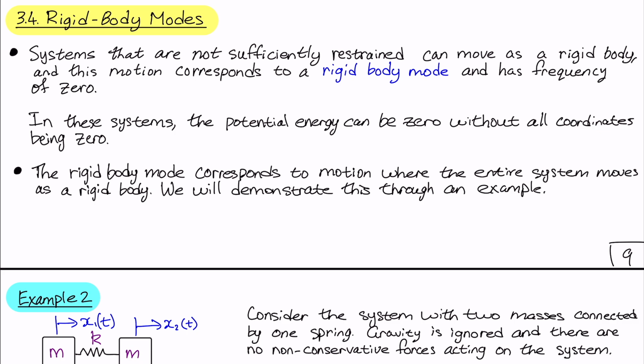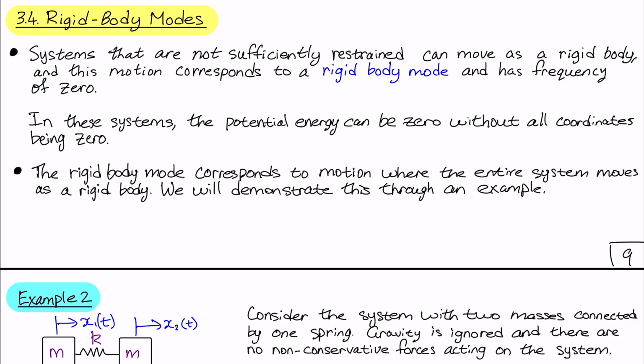And in these systems, the potential energy can be 0 even if all of the coordinates are not 0, meaning that you can have a non-zero displacement but still have a 0 potential energy in the system. And so a rigid body mode corresponds to motion where the entire system moves as one rigid body.